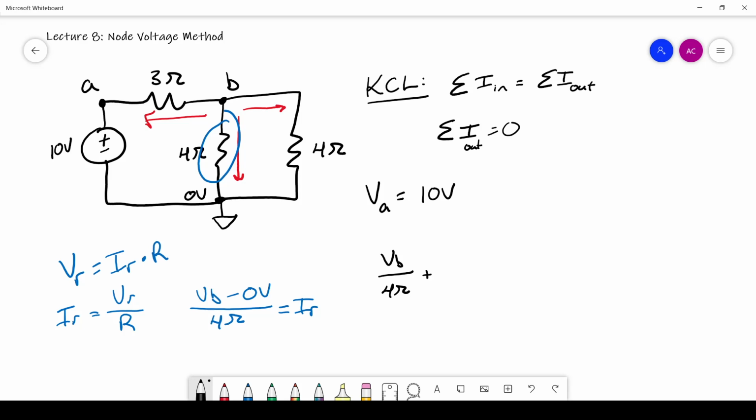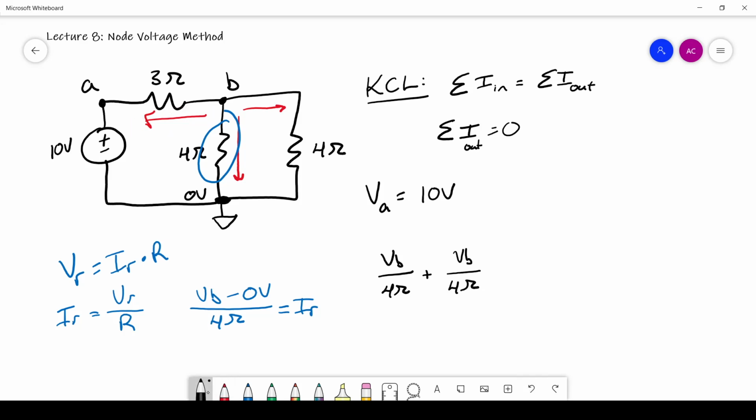So we can do plus this current, which is VB minus 0 again, because down here it's just 0. So it's just VB again, divided by 4 ohms. And then for this next one, we're looking at this current now.